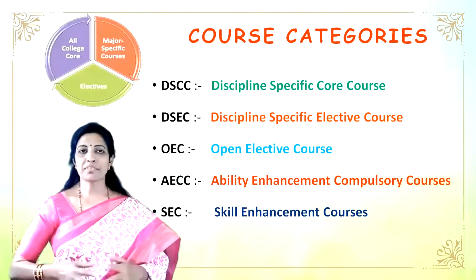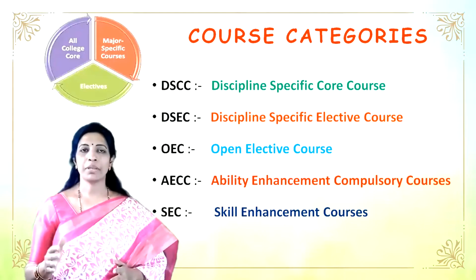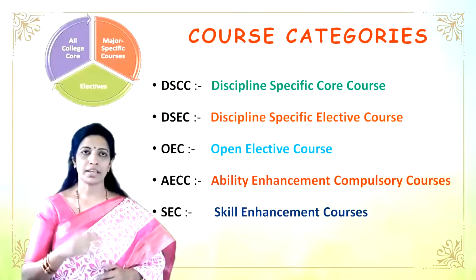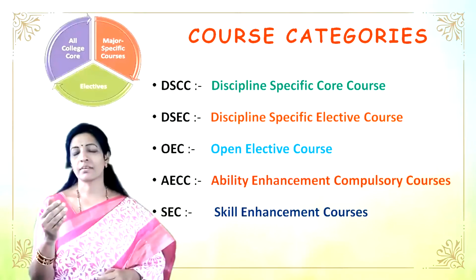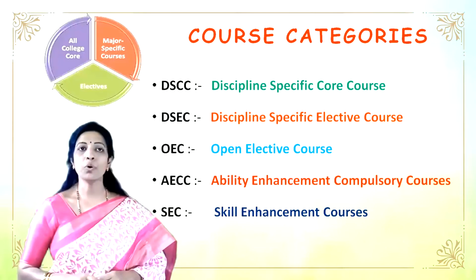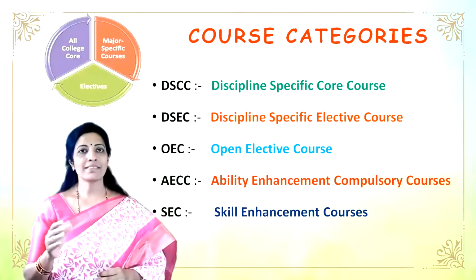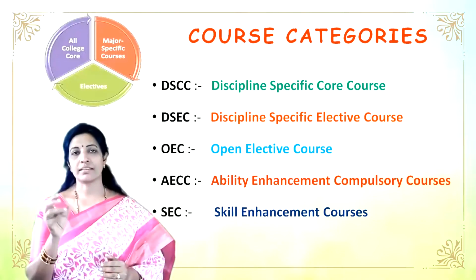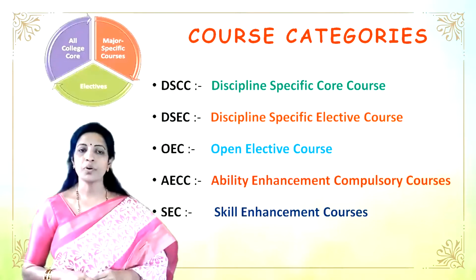The different courses can be classified into many categories, as I have already explained to you while explaining the abbreviations. So I'll just very quickly go through the different kinds of courses which a student has to opt for. DSCC, that is the discipline specific core course, that is the main subject which he is going to study.